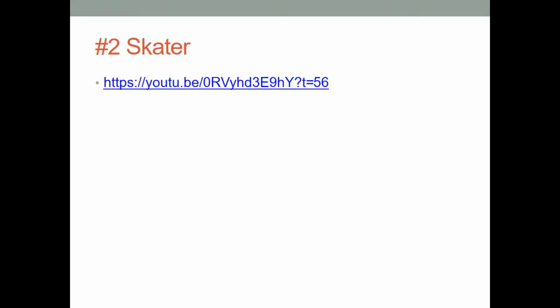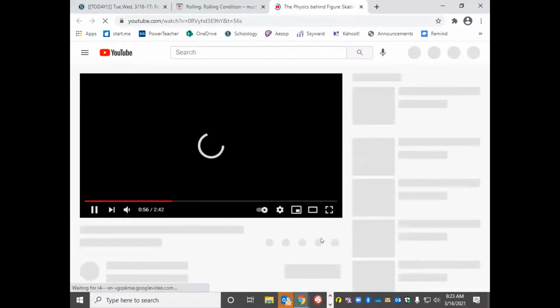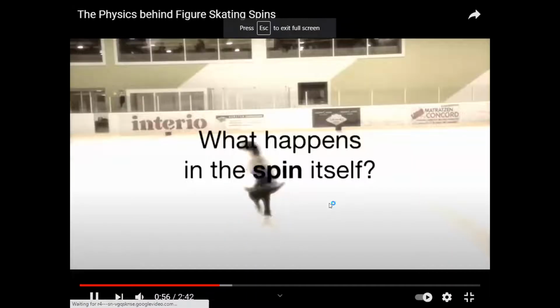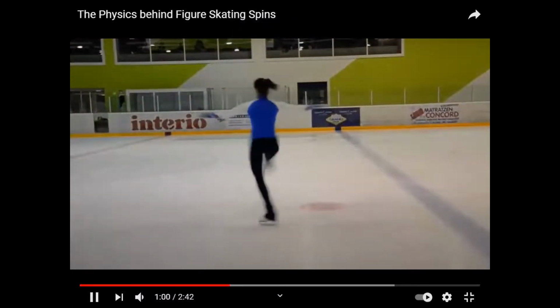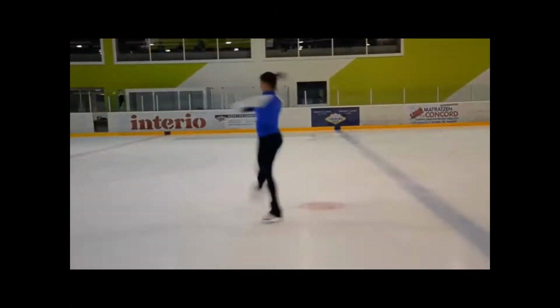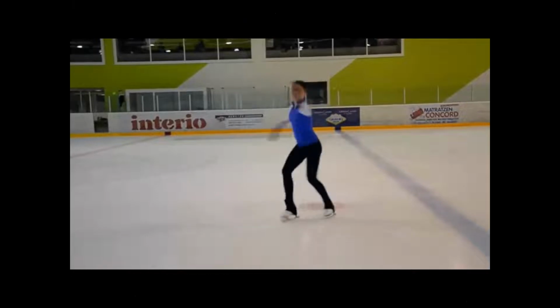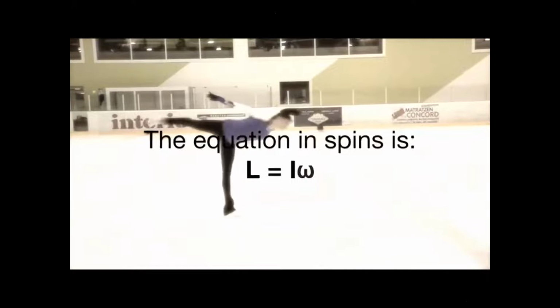I don't think I showed you this video last time. My computer's being sluggish today. So what you can see there is as she's pulling her arms in, she speeds up. As she releases her arms, she slows down.